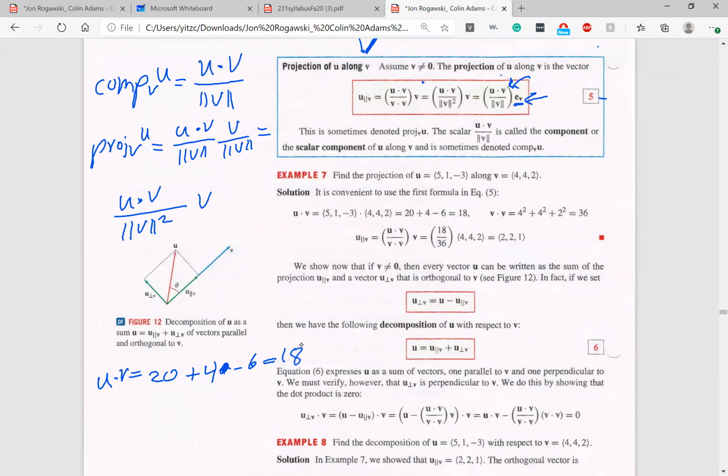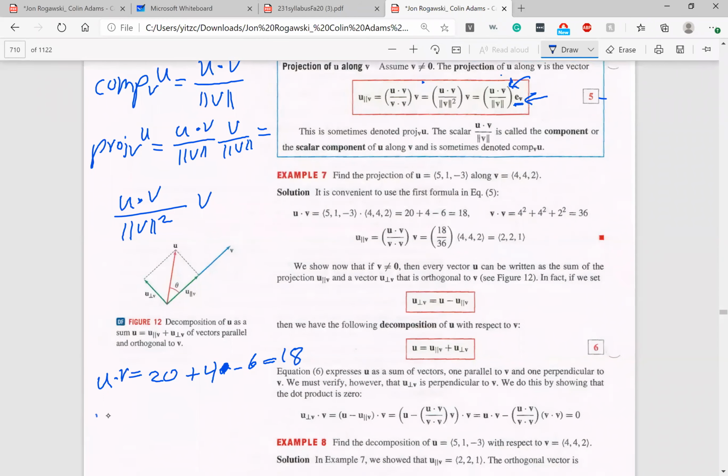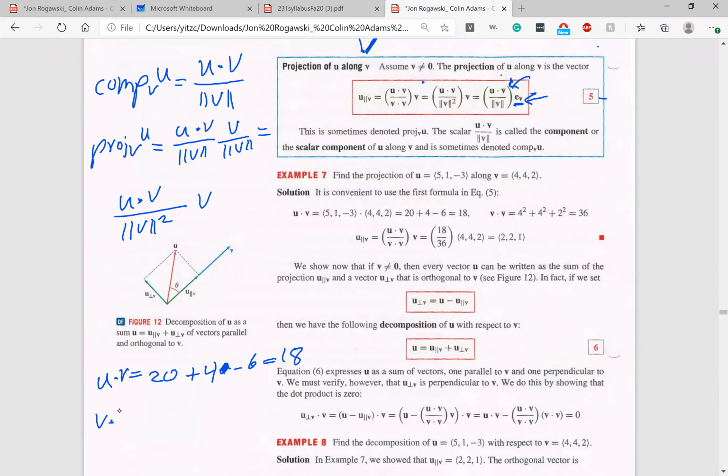Now, another piece of information that we need to know is what v dotted with v is, or what the magnitude of v is, and then we just need to square it. So the magnitude of v squared is going to be 4 squared plus 4 squared, second component, plus 2 squared.